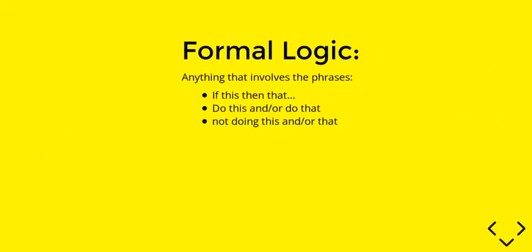And formal logic, once again, is anything that involves the phrases if this, then that. That's a logical sequence of things, right? Or do this, or do that. That's purely logical. Nothing ambiguous about that, right? And computers have a tough time with ambiguity, right? And also not doing things. Those are all formal logic concepts.